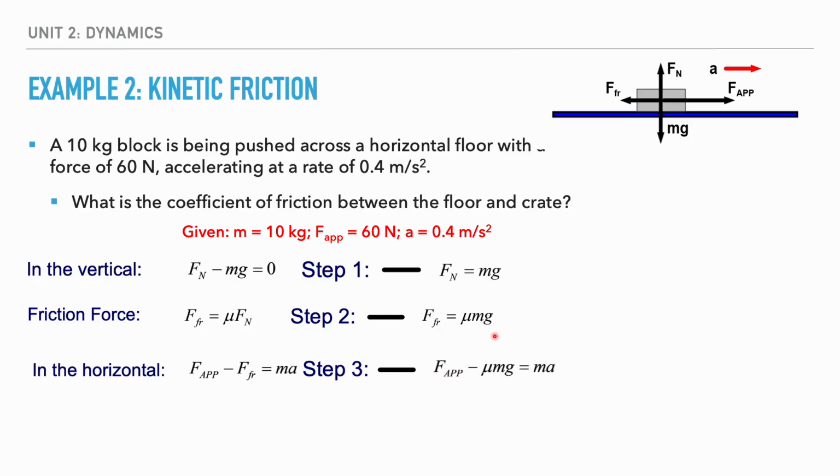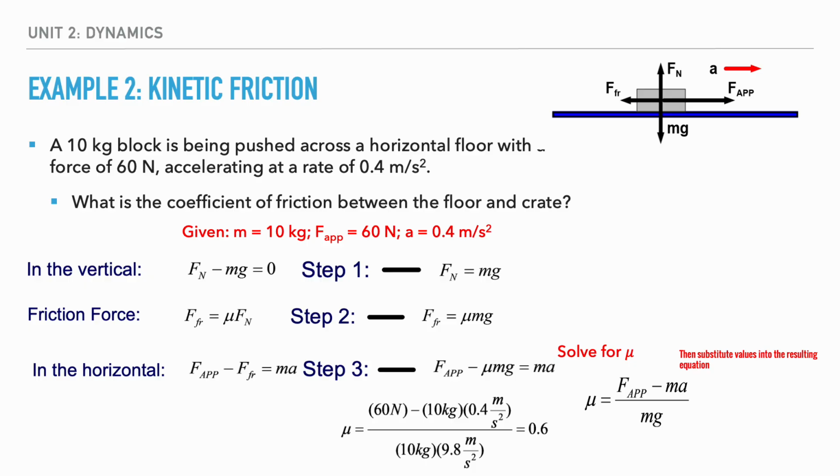And then I substitute my mu mg in for my friction force. I then have to solve for mu. So once again, slow this down a little bit if you need to. I have mu equals the applied force minus ma, over mg, just a little bit of algebra. Substitute the values in, and then I should get 0.6 for the coefficient of friction between the floor and the crate.